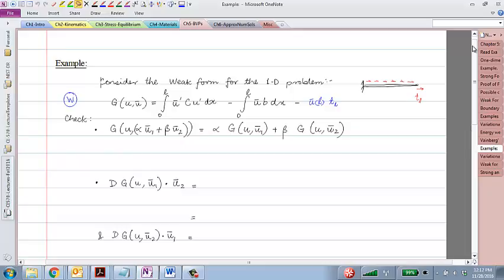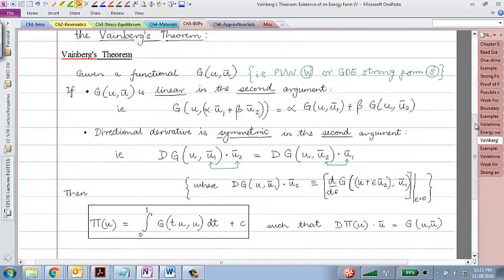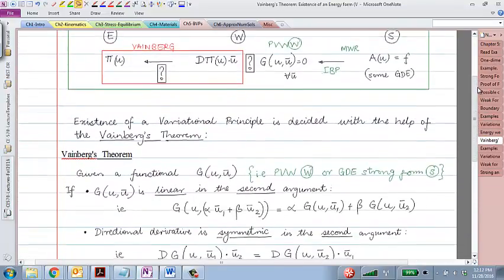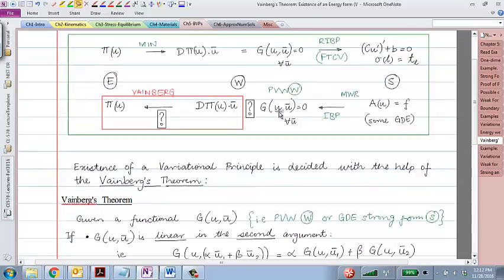Go ahead, Vikita. No, these are okay. You understand that this U is the real displacement function U of x. This U bar is a virtual displacement function.